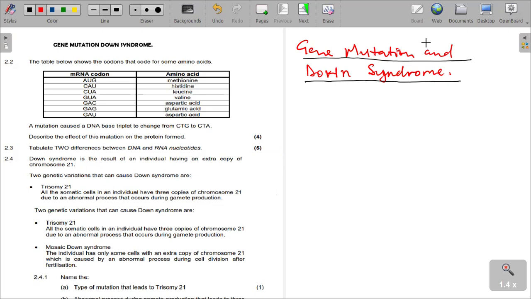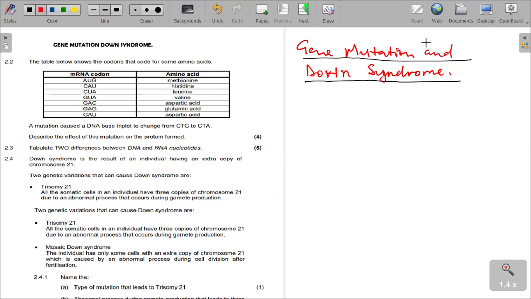So today we are going to talk about how mutation affects protein synthesis. In other words, when mutation occurs, it results in a change of the nucleotide bases found on the mRNA, which results in a different protein being formed.